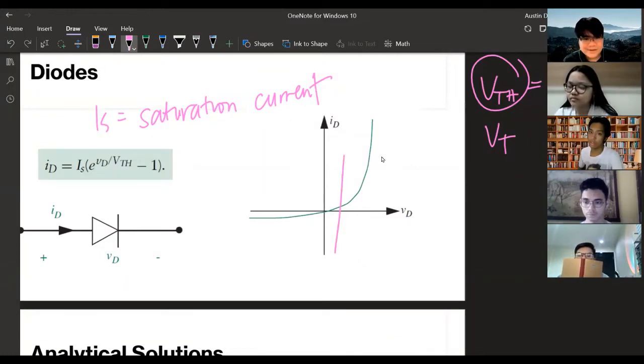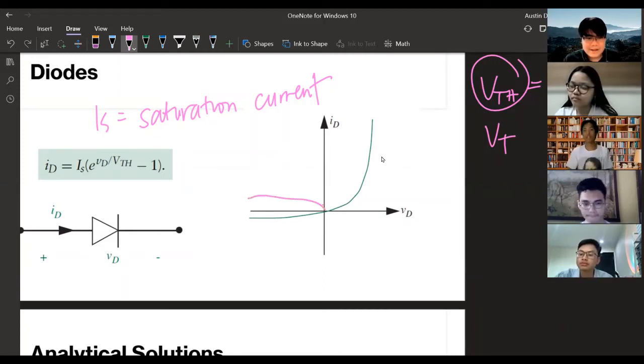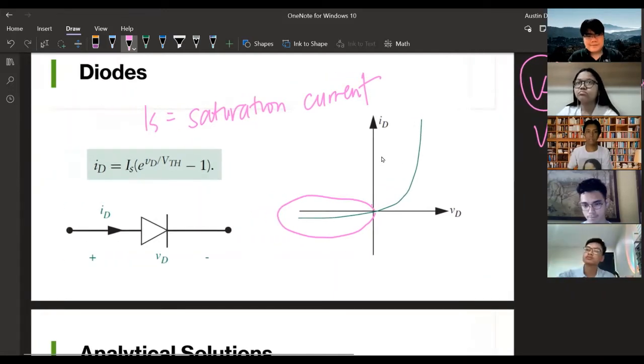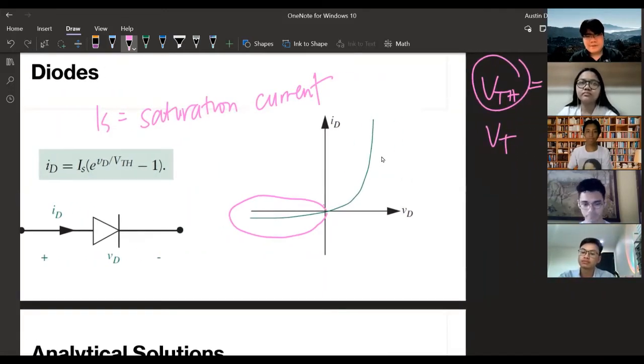Pa-vertical nga lang pag source, etc. Okay, mapapansin natin dito that whenever your voltage is negative, almost zero yung current sa diode. Okay? Very small. And then kapag positive ka na, saka lang dumadaloy yung current sa kanya.